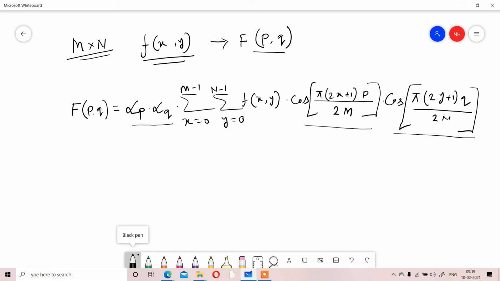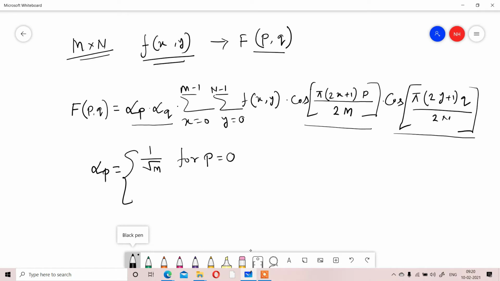Okay, so that is the formula to calculate the discrete cosine transform of an image, where the value of alpha p is defined as 1 by root m for p equal to 0.